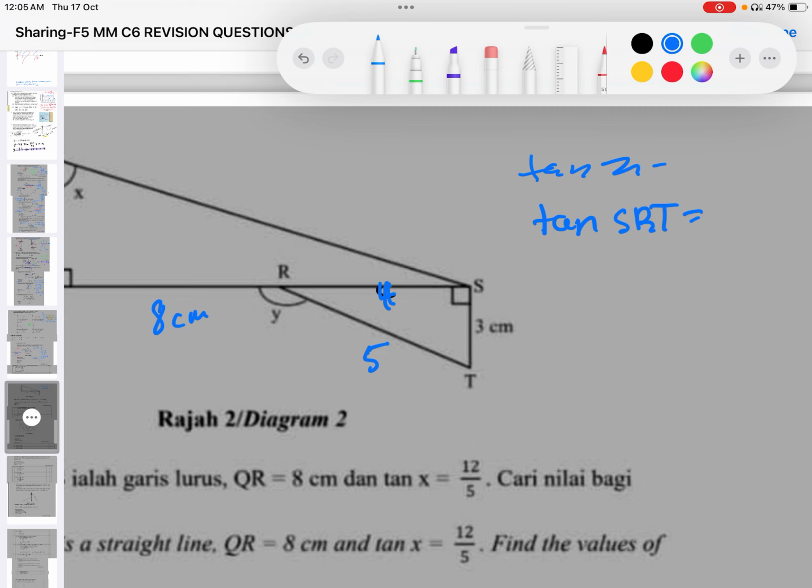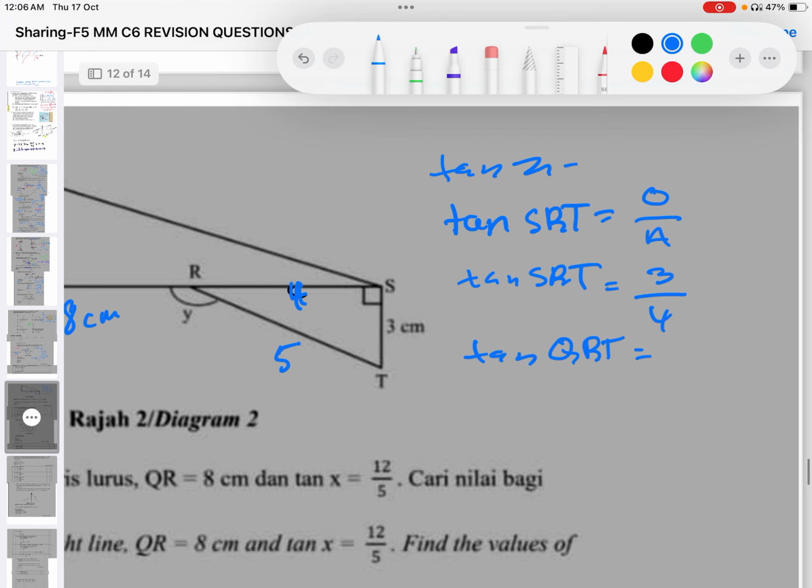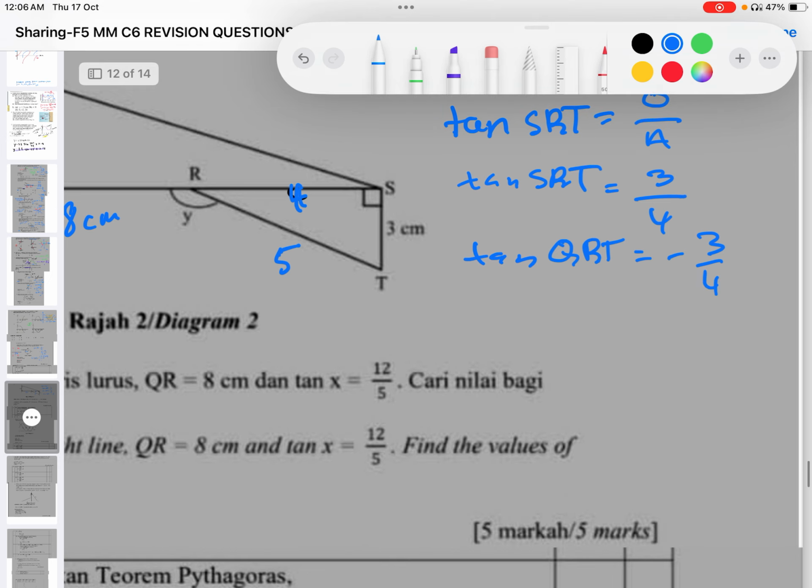SRT will be opposite over hypotenuse. So, oh, tan SRT is TOA, so my bad again. Okay, opposite over adjacent. So opposite is going to be 3 cm over 4. So the corresponding angle tan QRT will become negative 3 over 4.